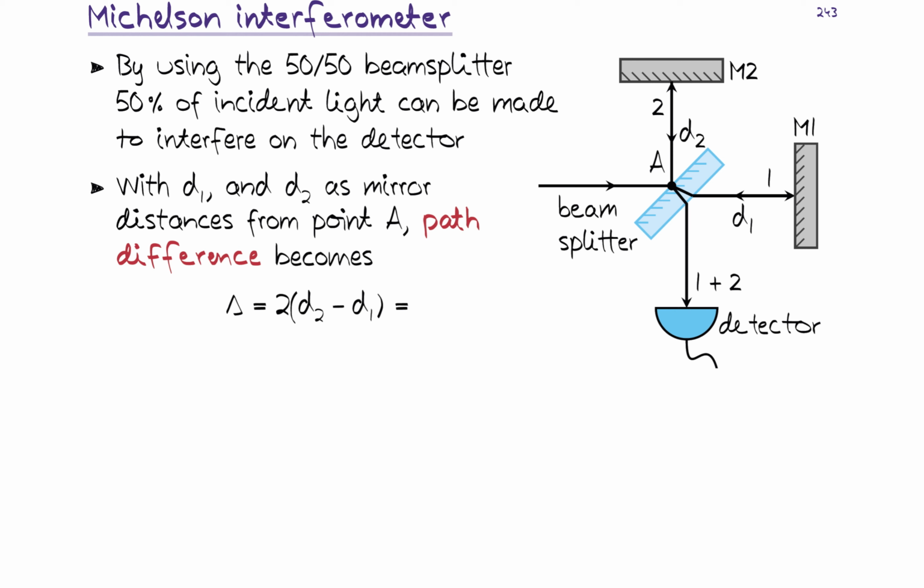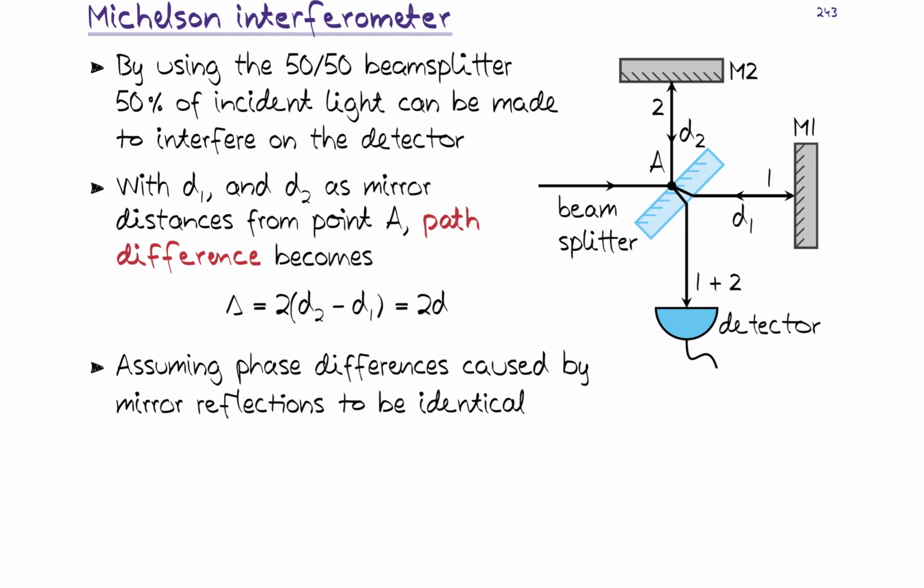Of course, the phase difference we get by multiplying the path difference with k. So let's denote this so that the difference in d's is just d, and then we can work out the rest of the math for the phase difference. And let's assume now that the mirrors are identical, so that if there are any possible phase differences due to the reflections, they will be the same for both rays, so we do not need to consider those.